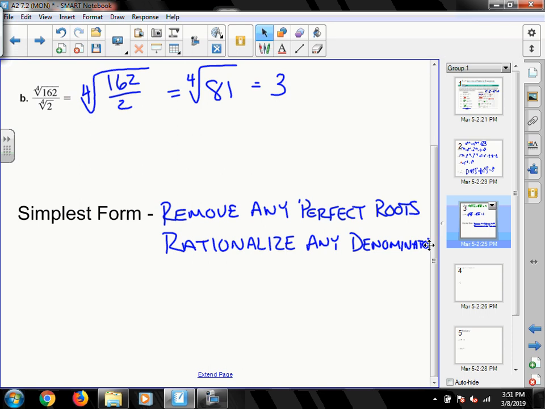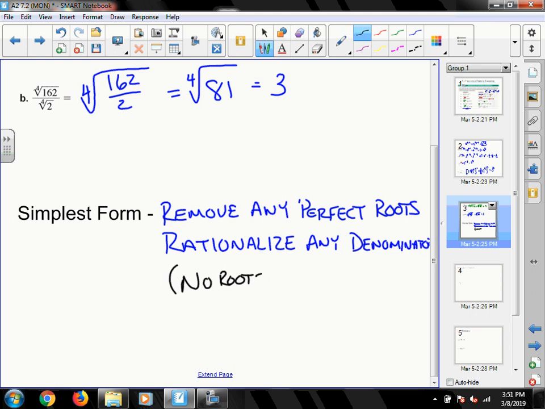What that means is if we have a fraction, the bottom of that fraction, you can't leave any roots in there. And going with that, you can't have any fractional exponents.